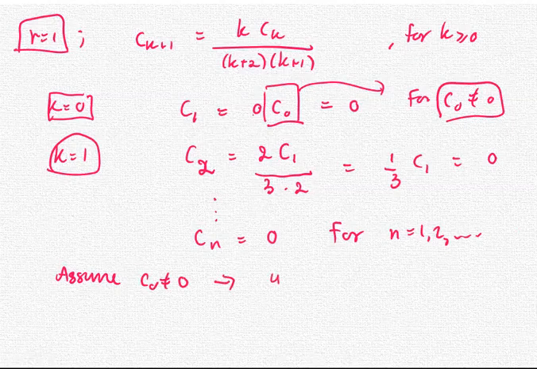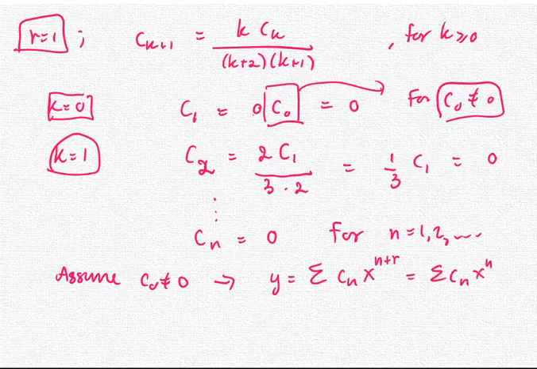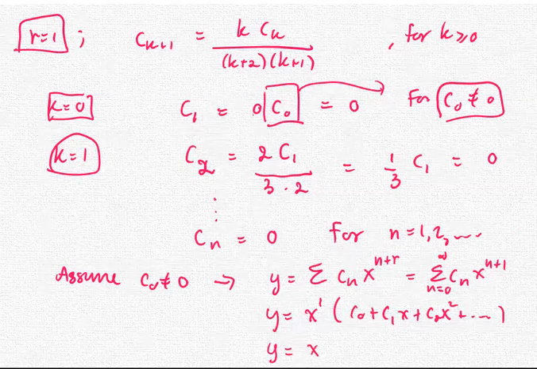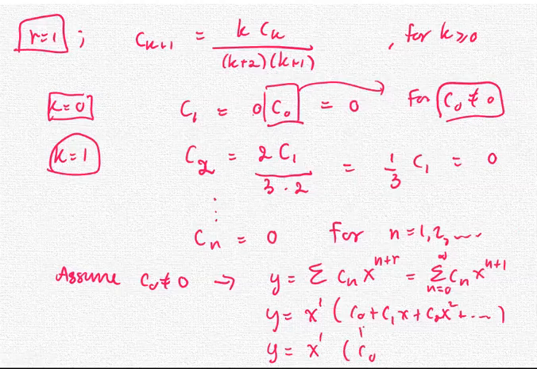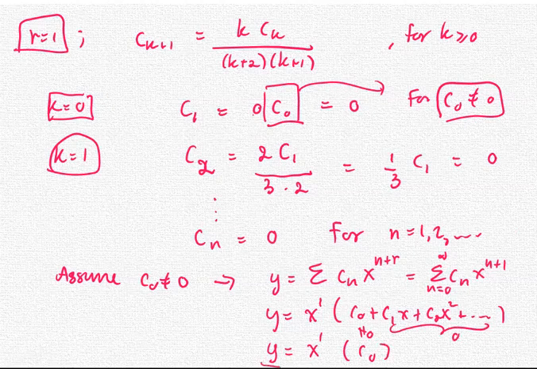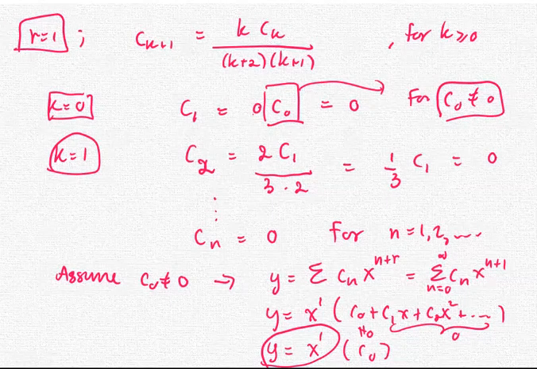Then the solution, y in the form of the summation c_n x to the power n plus r, and r is 1, which is the summation c_n x to the n plus 1, n from 0 to infinity, or in the expanded form x to the first multiplied by c_0 plus c_1 x plus c_2 x squared, and so forth. And this solution is going to be just x to the first power, with c_0 assumed not equal to 0, and the rest of them are 0. Now we get just one solution, y equals x.